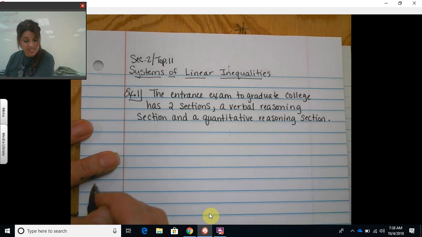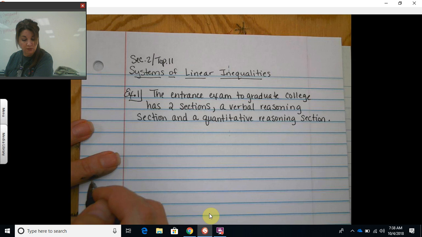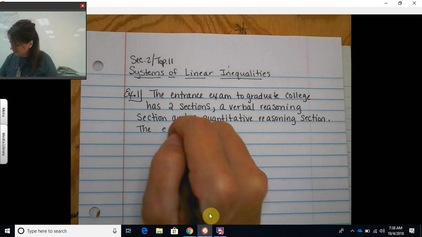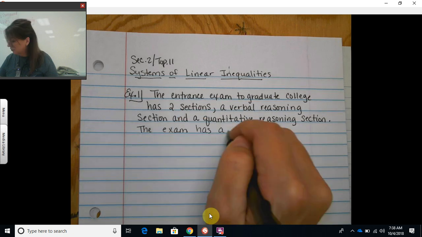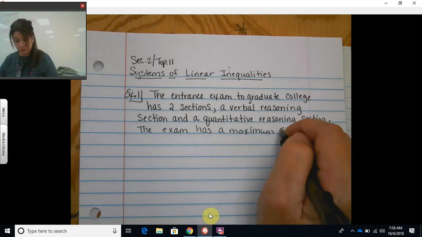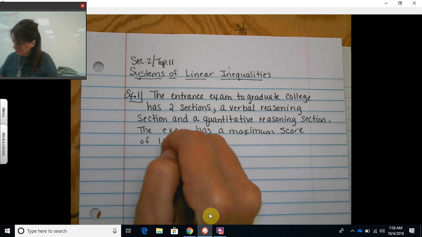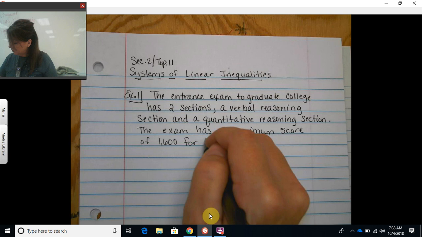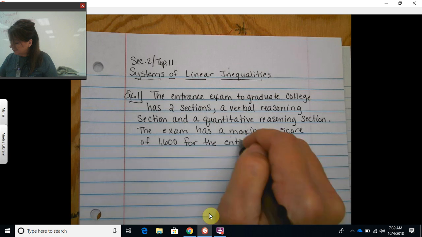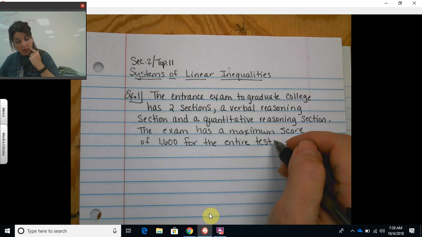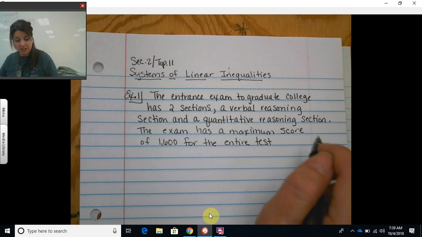The exam has a maximum score of 1,600 for the entire test, and maximums for each section of the test of 800.